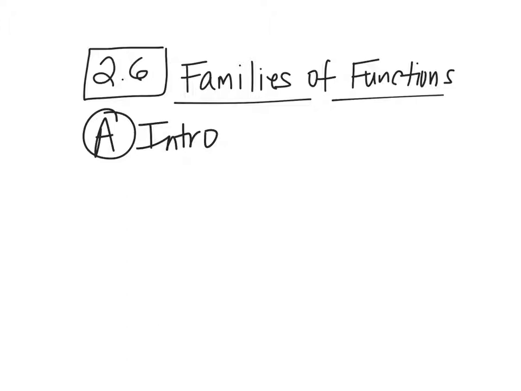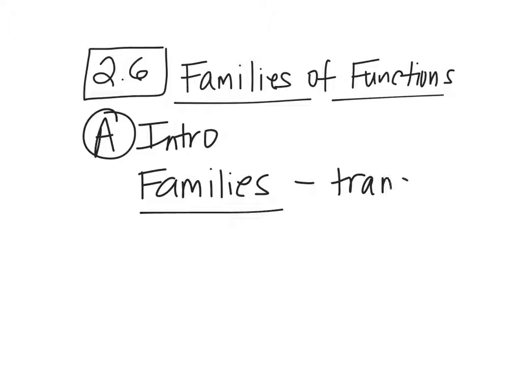Okay. So first of all, let's talk about what it means to have a family in math. That's kind of weird, right? Well, basically, a family of functions is going to be the same function, just translated or shifted or reflected or anything. So it's a transformation of a special parent function.